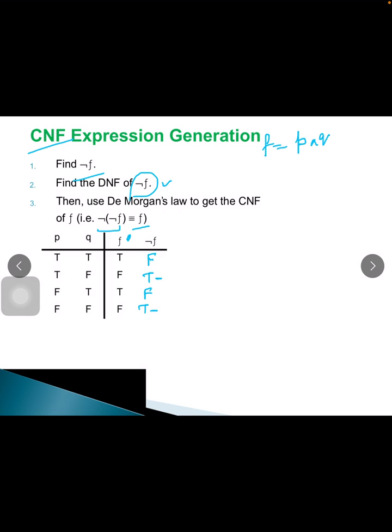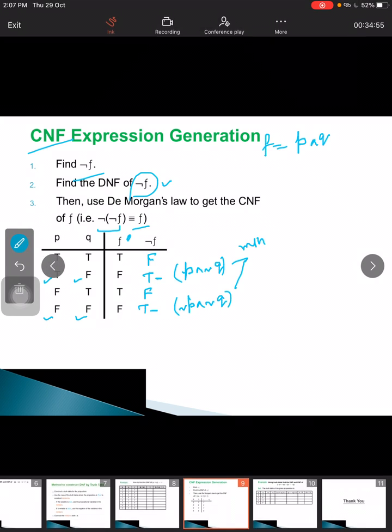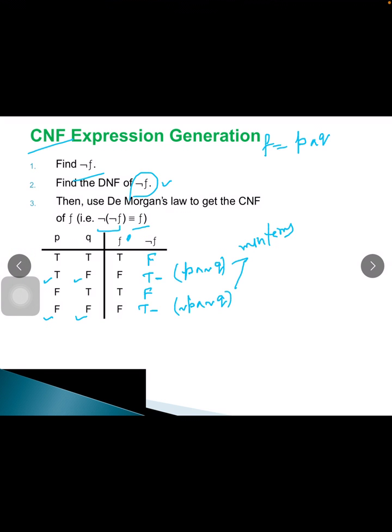In this row, P is true and Q is false, so your min term is P and negation of Q. The other min term is where P and Q are both false, so your next min term is negation of P and negation of Q. These two are the min terms.